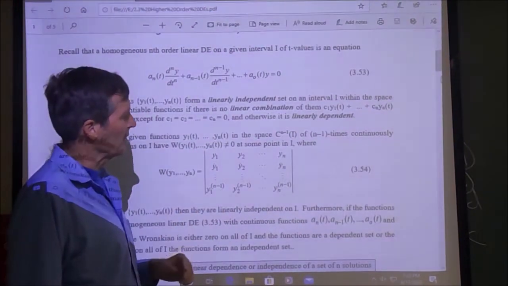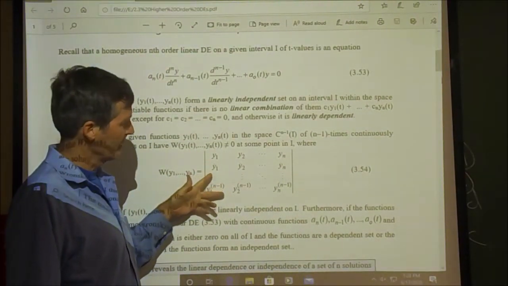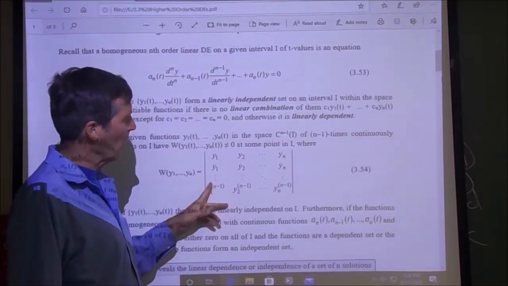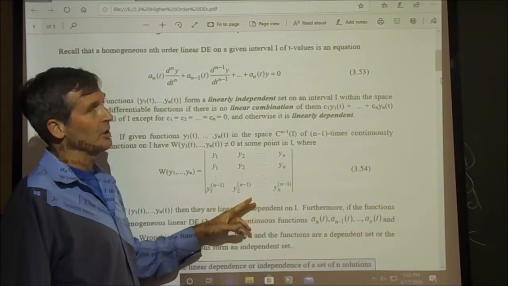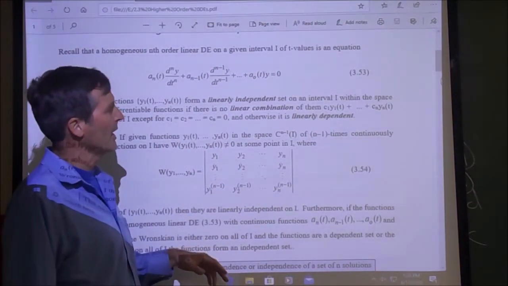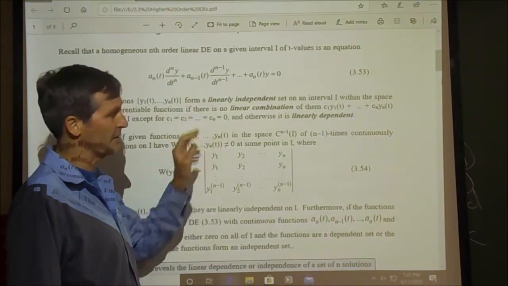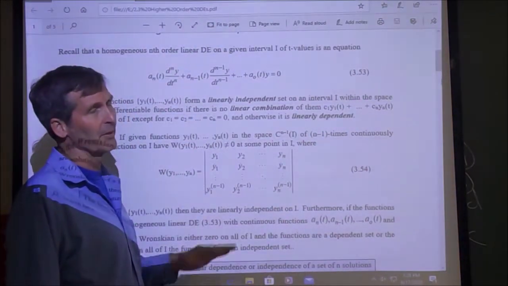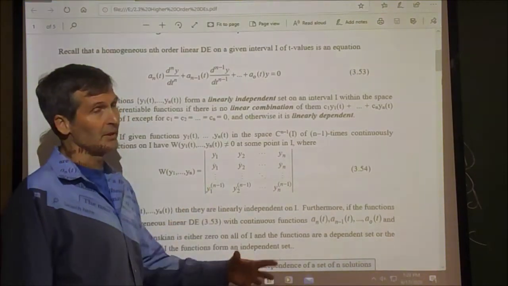With continuous coefficients, either the determinant will be, the Wronskian will be 0 on the whole interval, and they'll be dependent, or it'll be non-zero on the whole interval, and they'll be independent. So it's very nice. For other functions that aren't solutions of such an equation, it's not so simple. In fact, the Wronskian can be 0 and the functions still be independent.